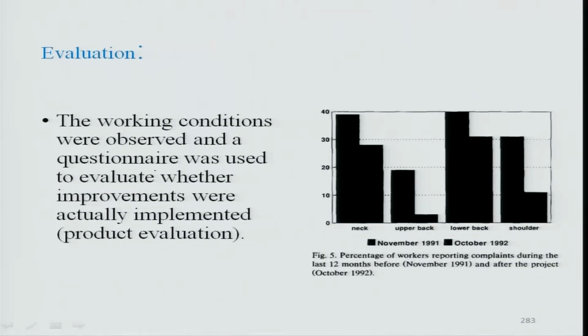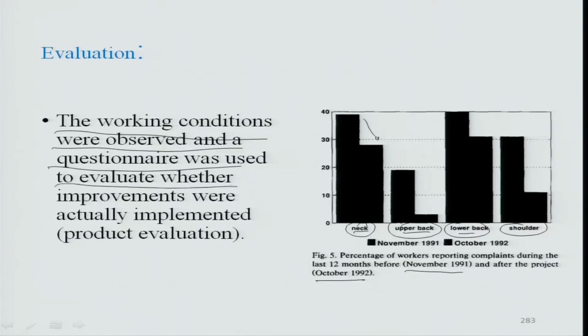An evaluation was made of how much the complaints related to the different posture-related problems had reduced. There was a reduction in the neck region and almost all regions, upper back, lower back, and shoulder, comparing data from before the ergonomic design was carried out to after the design was completed. So the working conditions were definitely observed.